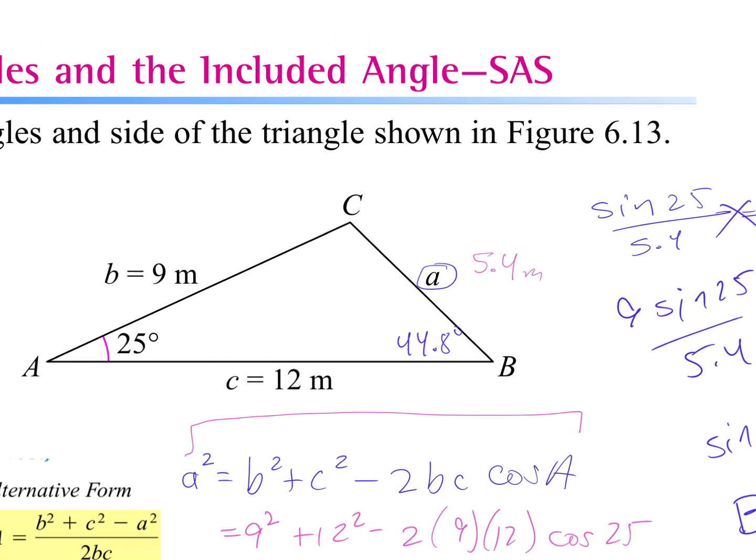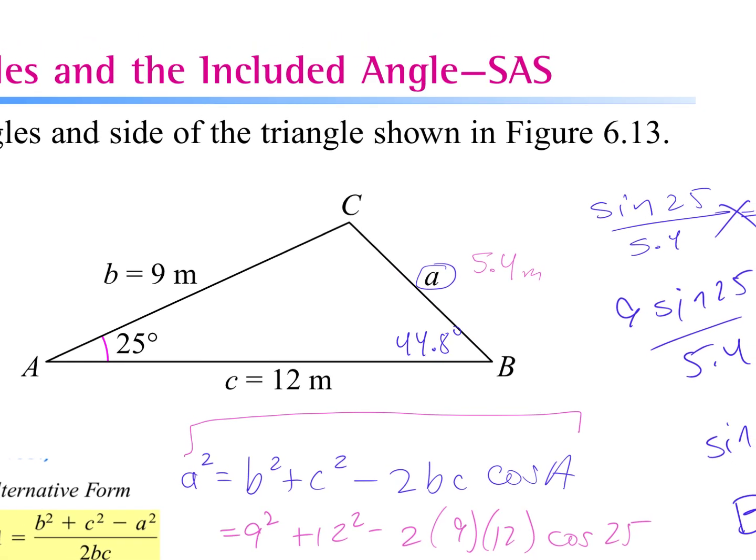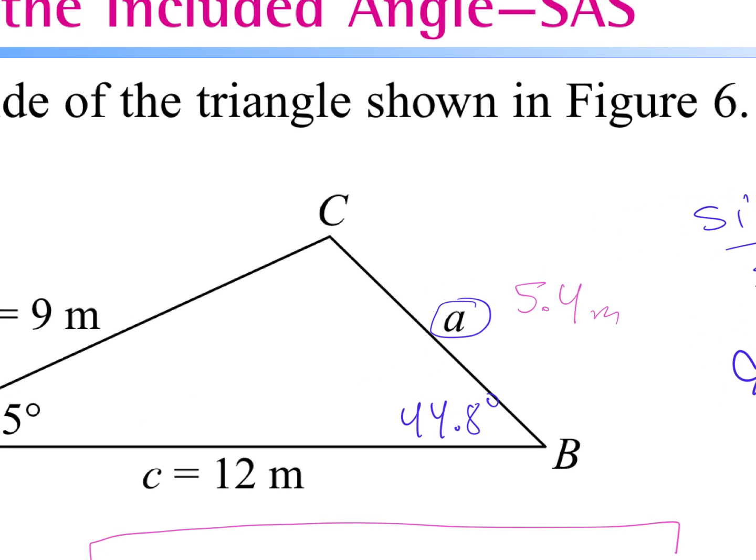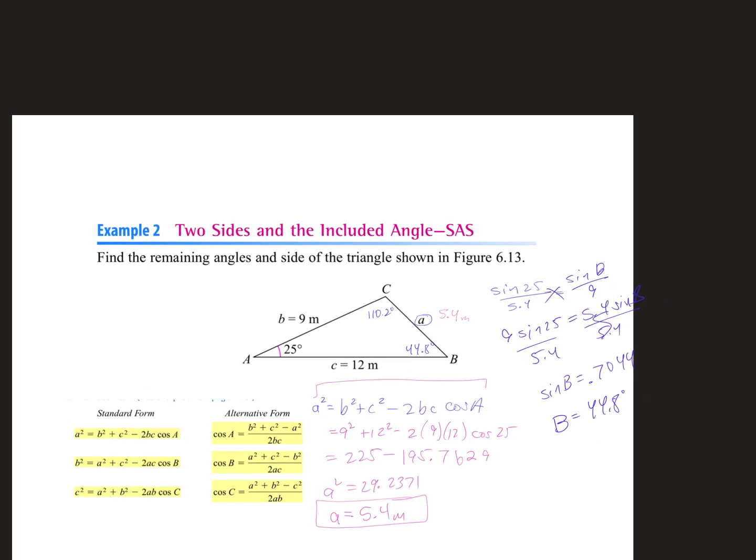Now, how do we figure out what C is? 25 plus 44.8? Yeah? And then subtract from 180? What is C? 110.2 degrees. Good.